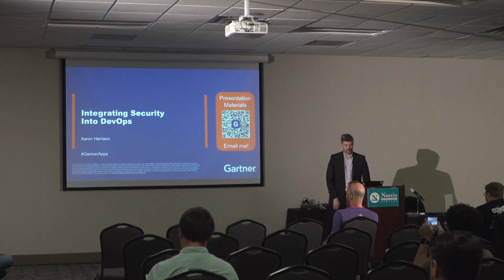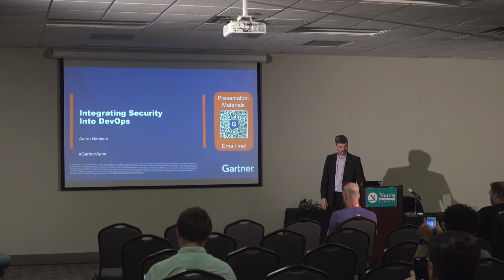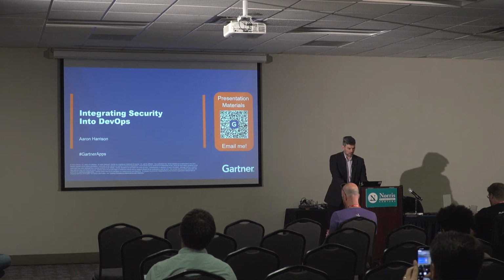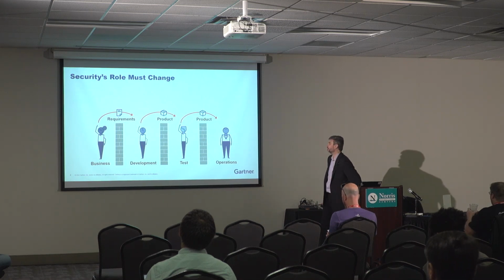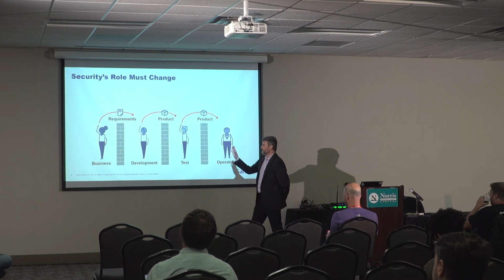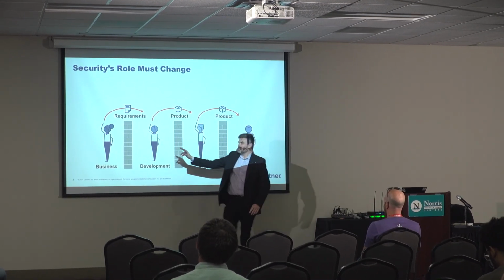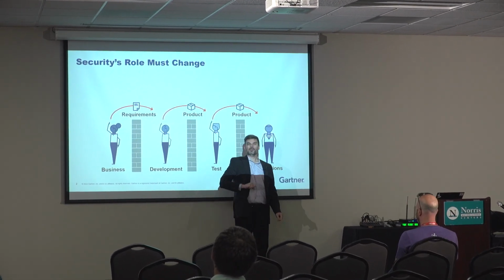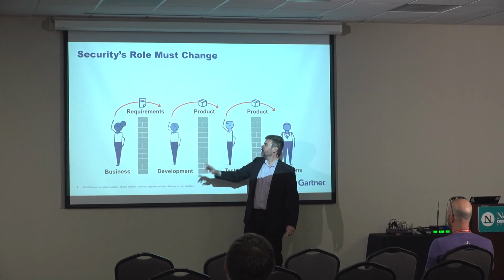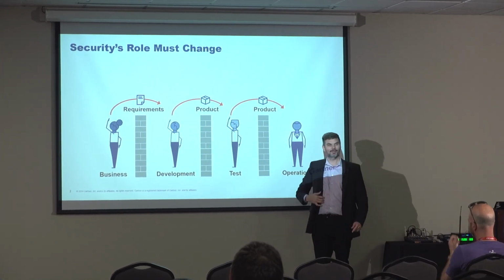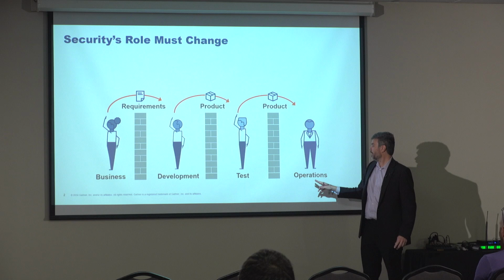So let's talk about the traditional model that we're all accustomed to. This is a very typical waterfall type behavior, right? You've got the business, and they write up their requirements and throw them over the wall to the dev team. And the dev team throws it over the wall to the test team. And then the test team throws it over to the operations team.